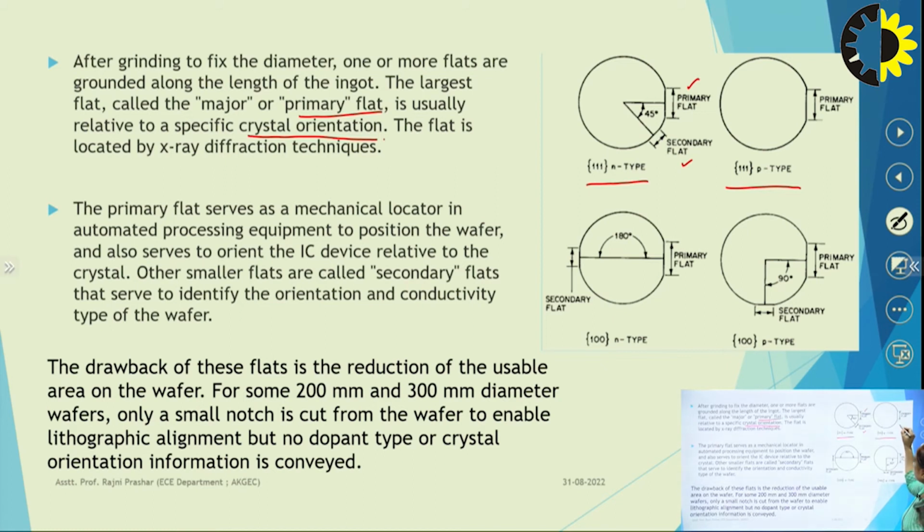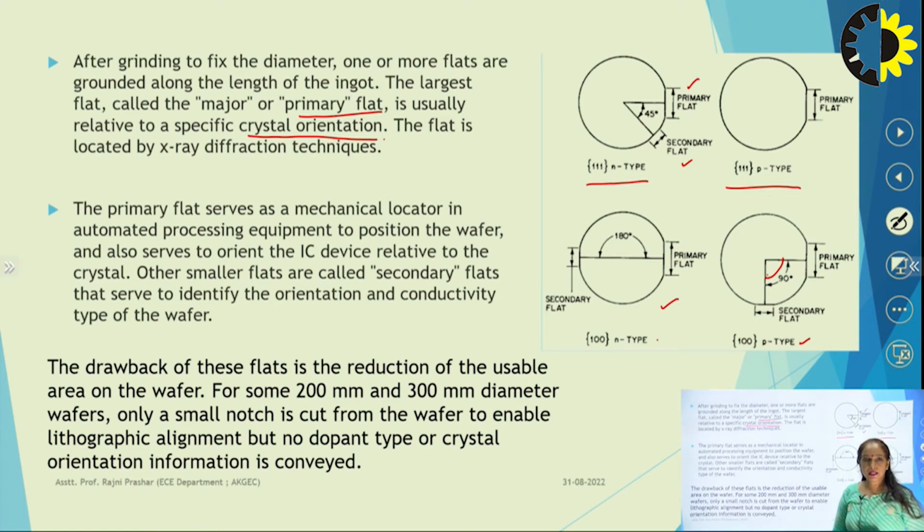If we don't have any secondary flat, we have a P type wafer with 111 orientation. And if we have 100 orientation, then in case of N type the primary flat and secondary flat are on the opposite side at 180 degrees, and in case of P type we have the primary flat and secondary flat at 90 degrees.